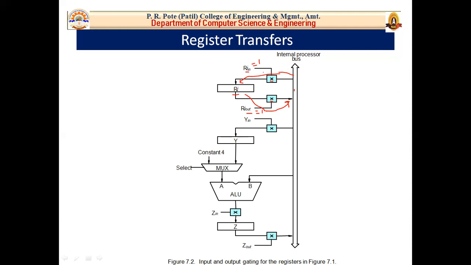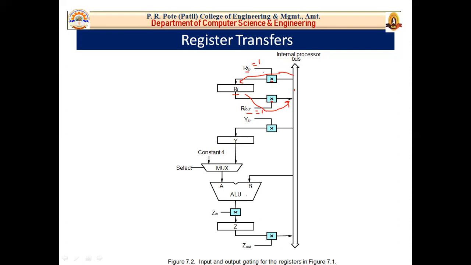To perform this operation, we have one register which is connected to a processor internal bus. But this connection is done through two switches. These switches are controlled by two control signals, that is Ri in control signal and Ri out control signal. Whenever this Ri in control signal is set to 1, whatever the data is present on the internal processor bus, we can load it into the register.